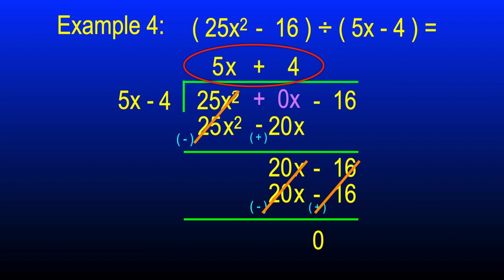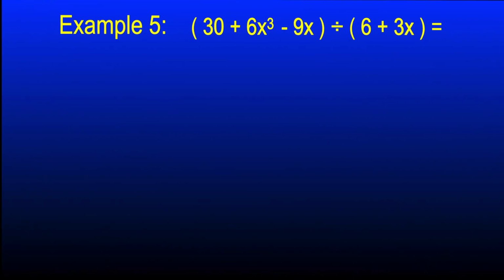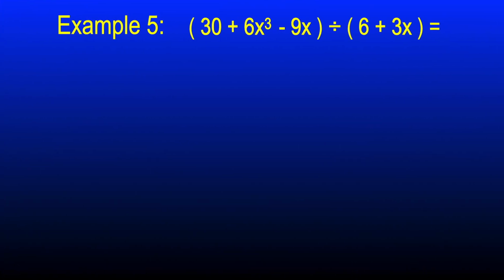Example number 5. Quantity 30 plus 6x cubed minus 9x divided by quantity 6 plus 3x. Again, hindi naka-arrange sa descending order yung mga terms.